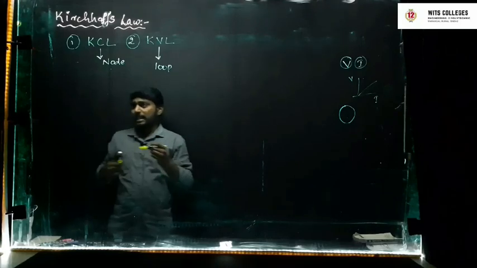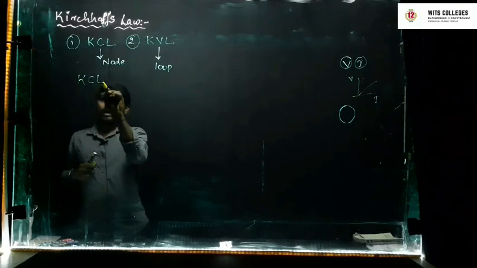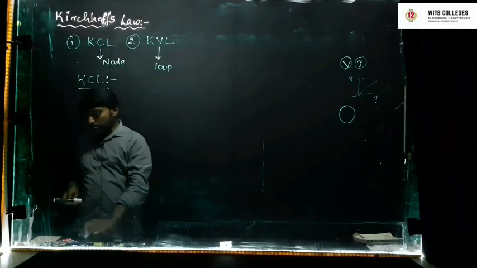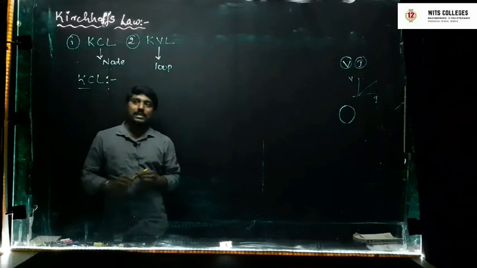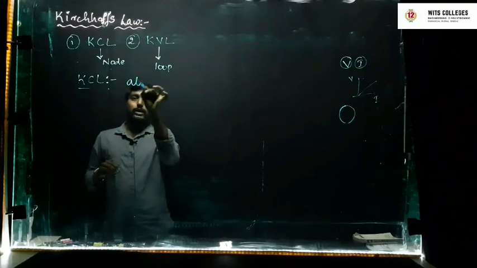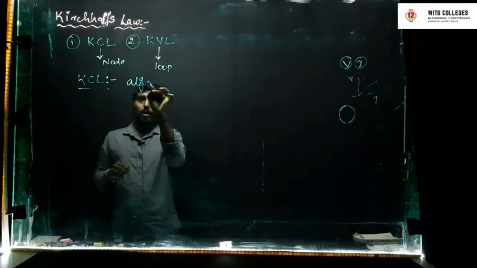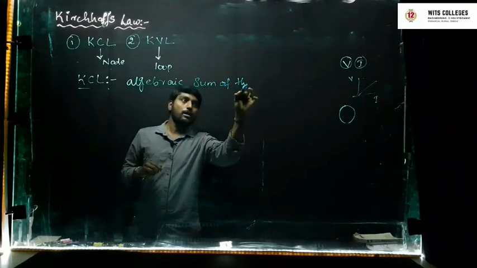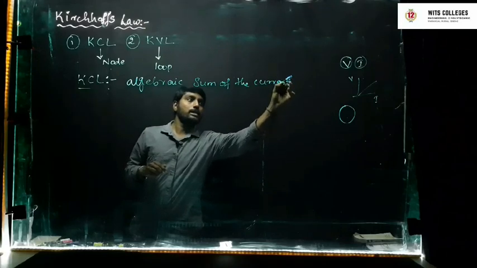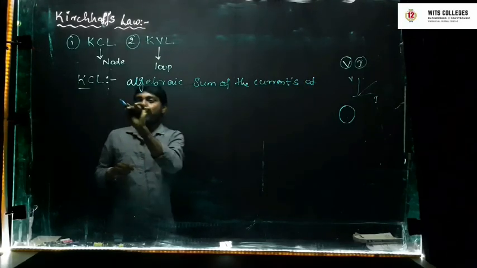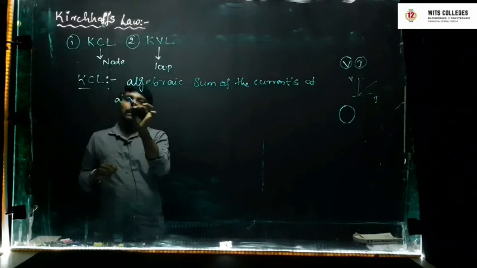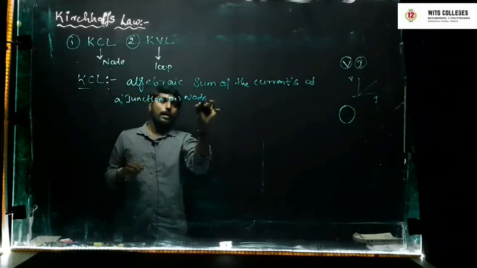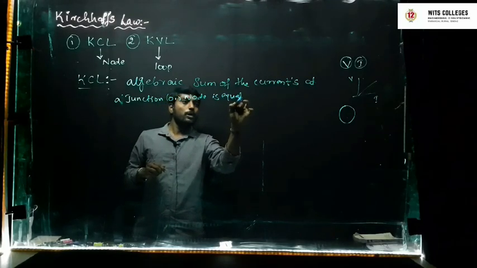What is the definition of KCL? We already know that for Kirchhoff Current Law we need to consider a node. According to the statement of KCL, the algebraic sum of the currents at a junction or node is equal to 0.